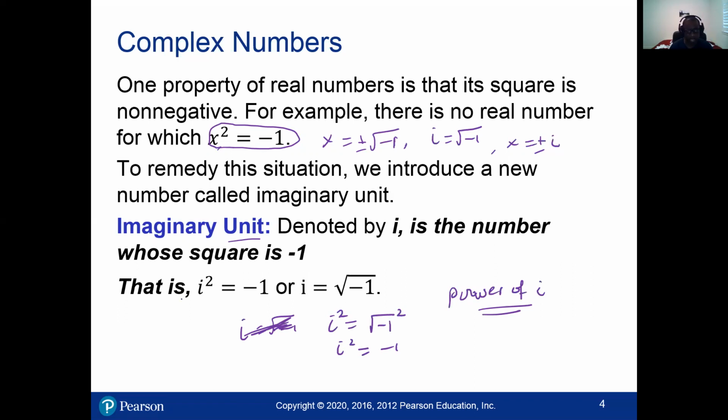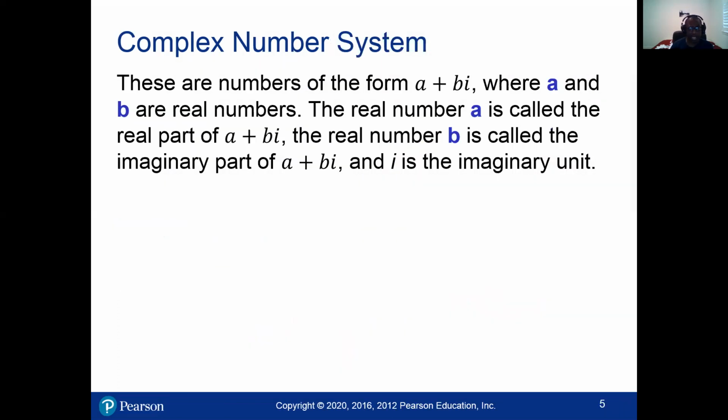But for now, the imaginary unit is i, the square root of -1, or i squared is equal to -1.